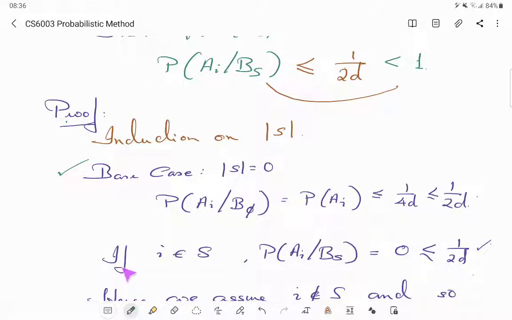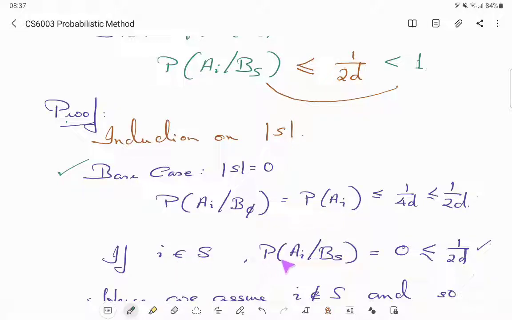Now we'll also clear the case when this S contains I also. Now you see that's a very silly case, because remember BI is the complement of AI. So if S contained the index I, then you are taking an intersection of events, one of which is AI complement, and you are conditioning on that fact, which means if AI complement has occurred, how can AI occur? The probability of AI has to be 0.